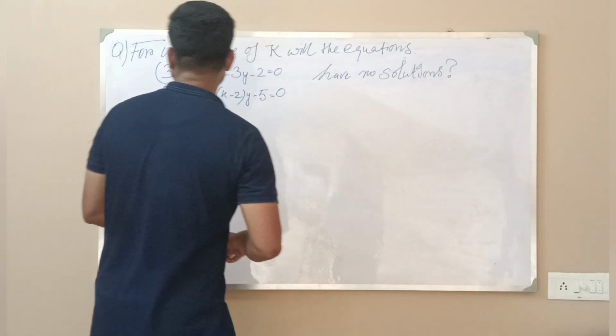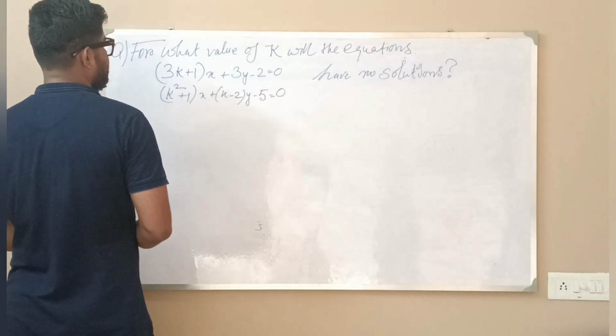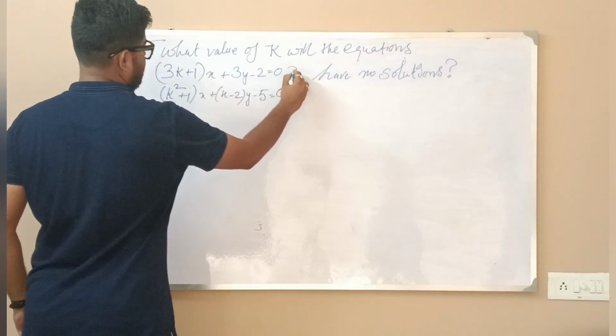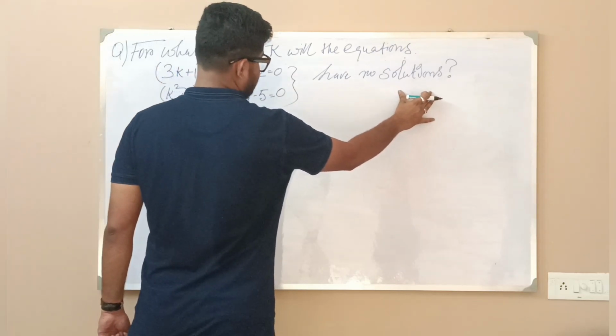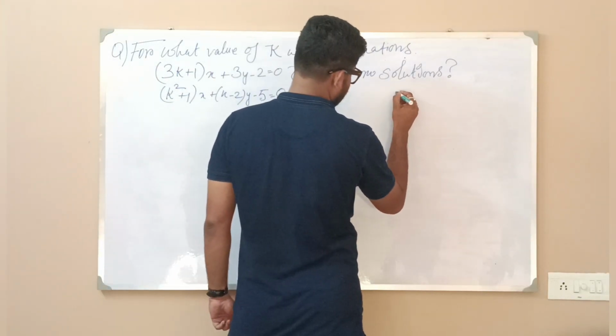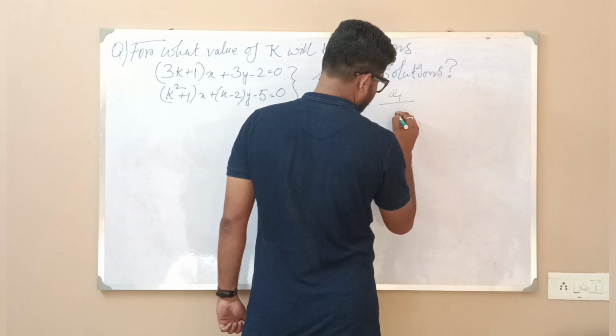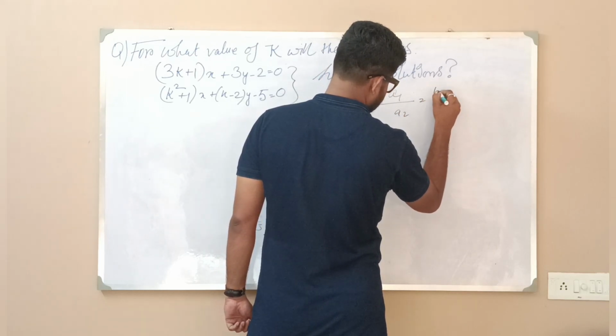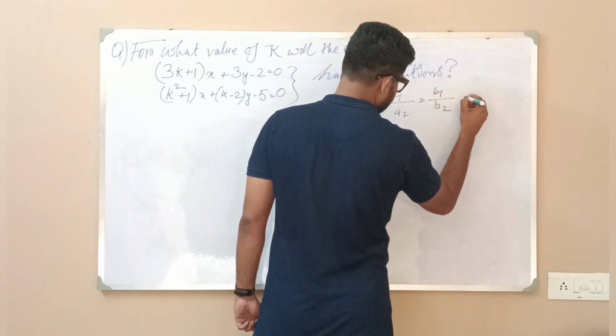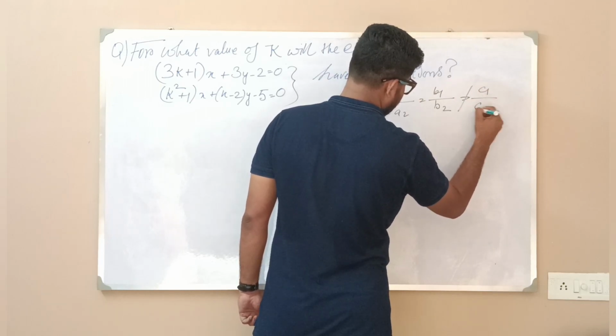So for what value of k will the equations have no solution? For no solution we have to satisfy a1 by a2 equals b1 by b2 not equals c1 by c2.